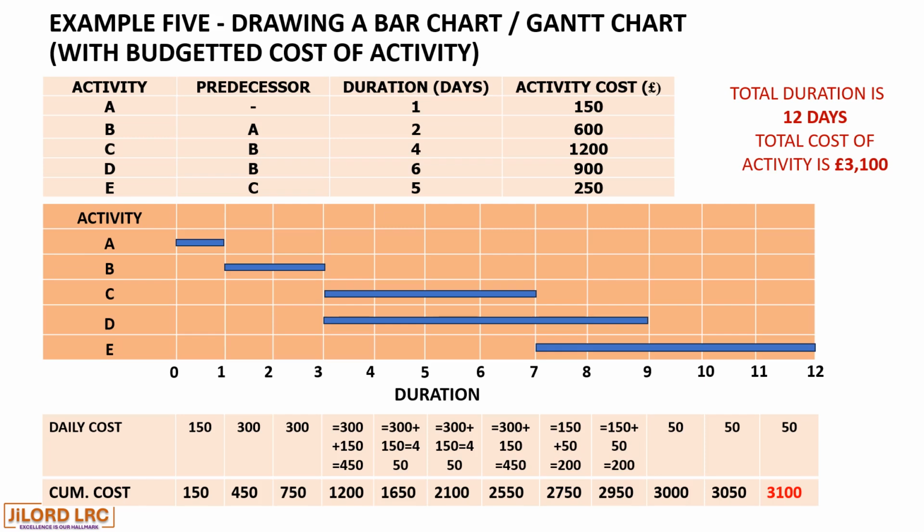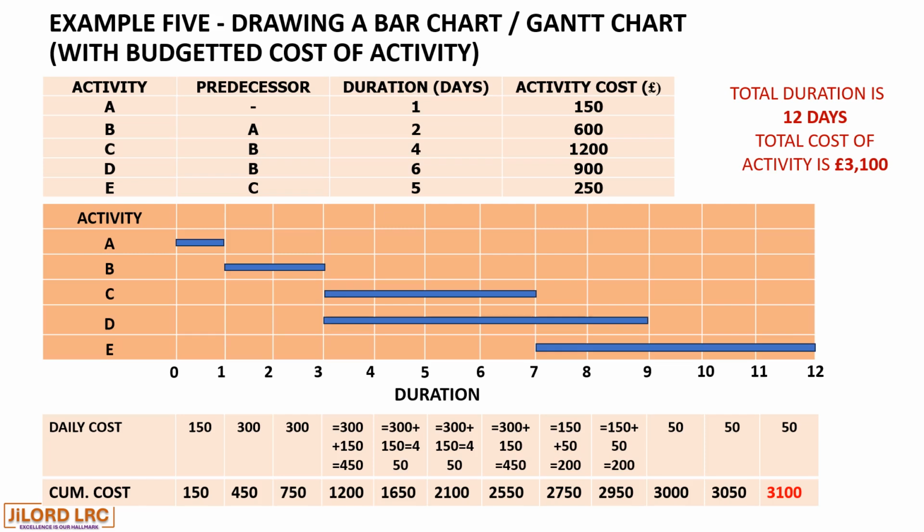Day 3 also attracted £300 for activity B, and that is also represented in the daily cost section, adding up to the 450 from the previous day, making 750.